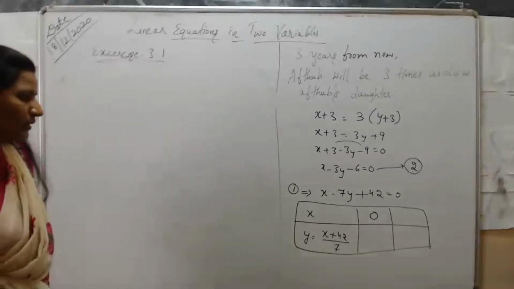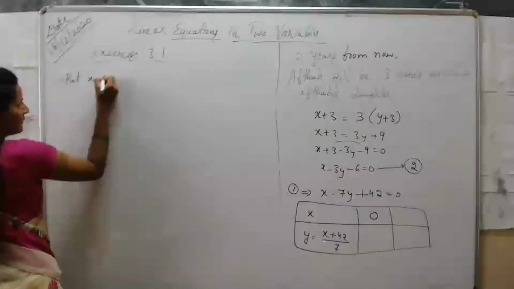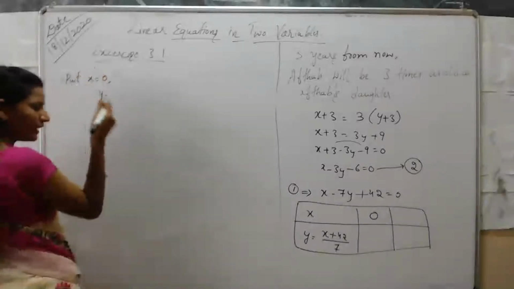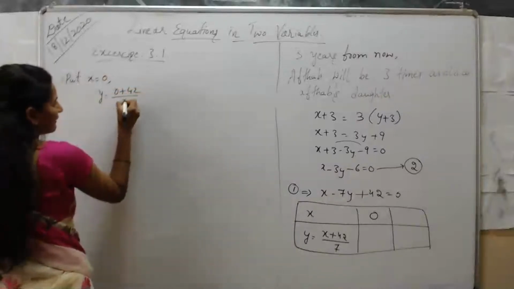Put x is equal to 0. What is the value of y? By putting x values, we have to derive y values. 0 plus 42 divided by 7.